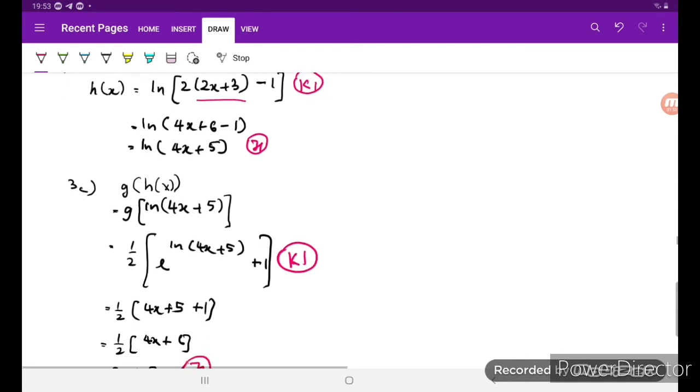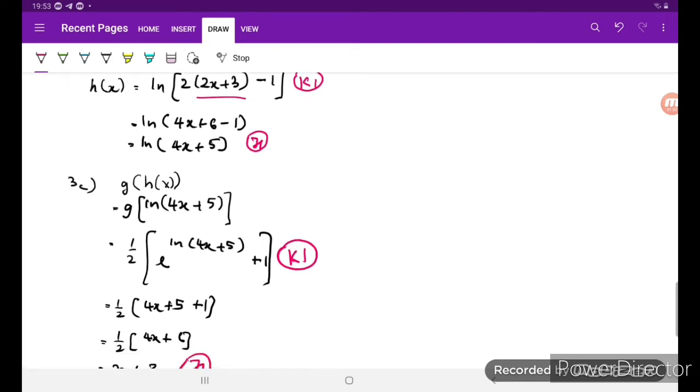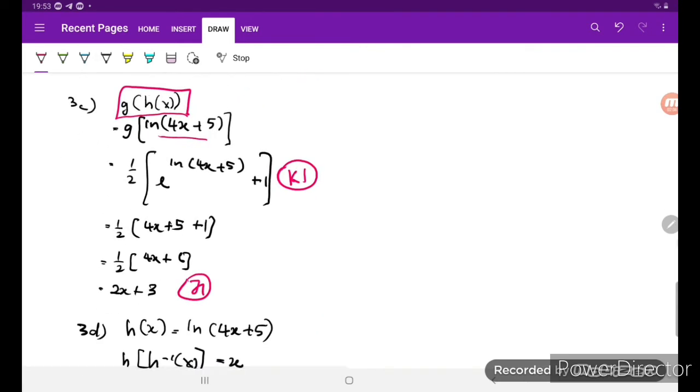And then c, find the composite function of g of h. Find this one, means you substitute function h inside g. So you get K1, and then the answer will be J1, 2x plus 3, 2 marks.